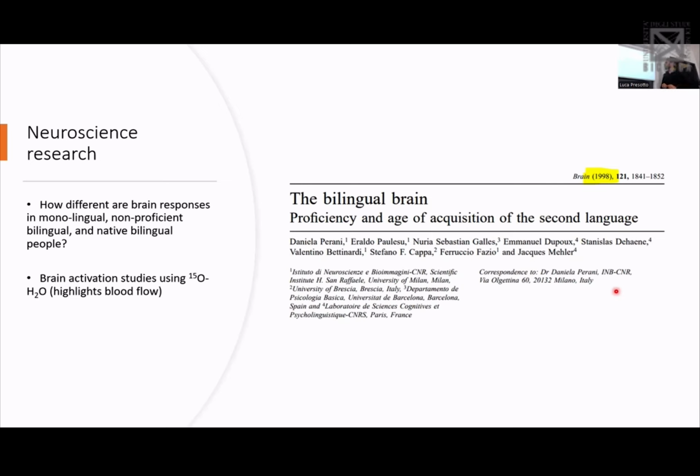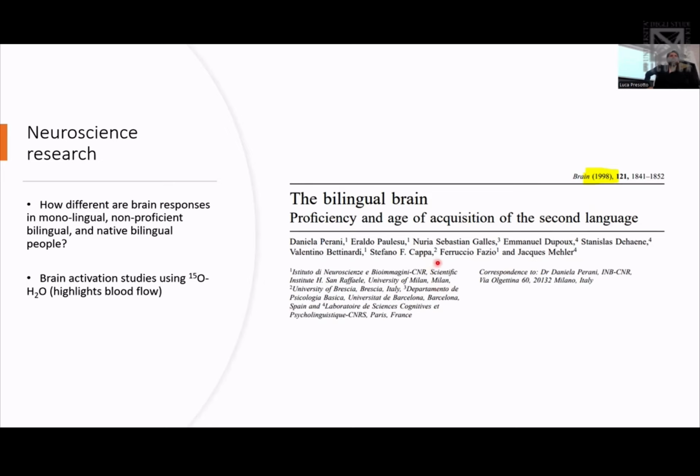What you can do is then do lots of studies. These are, by the way, very old studies from San Raffaele, and I guess one or maybe two of these people went on to become Minister of Health. No, only one in this paper.